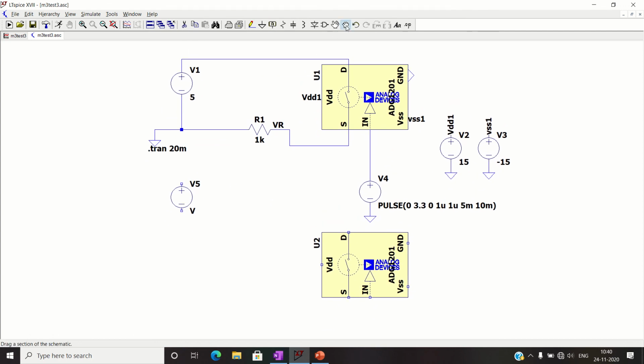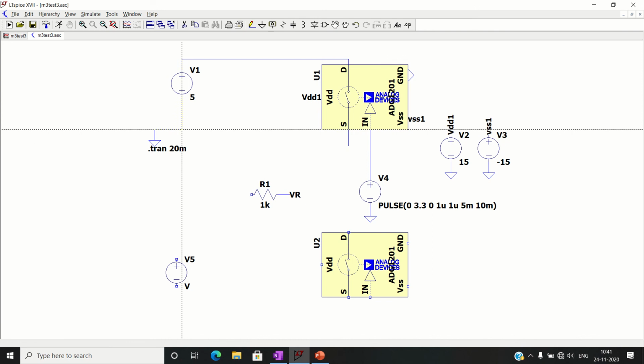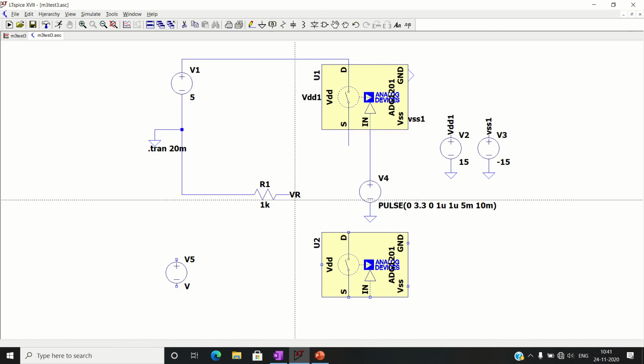For similarity, I will drag this to the bottom side. Cut this part. So it looks the same thing.